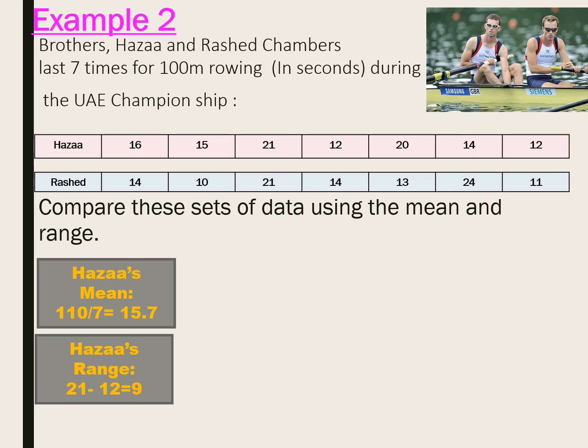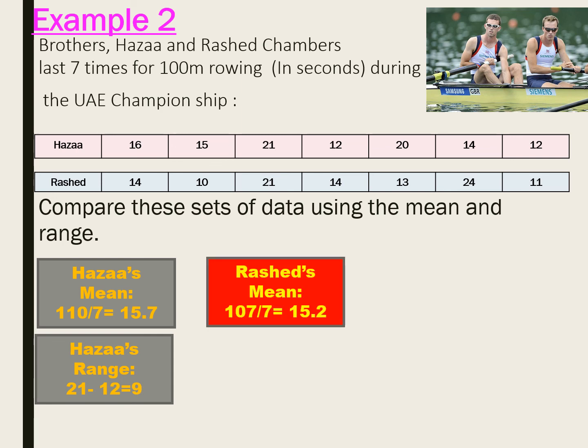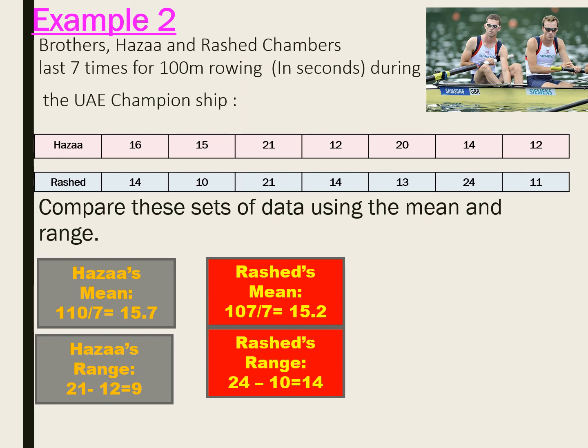Then for Rashid, I add all the scores to get 107 and divide it by 7, which is 15.2. Now, according to the range, I will put 24 because it's the highest score minus 10, which is 14.